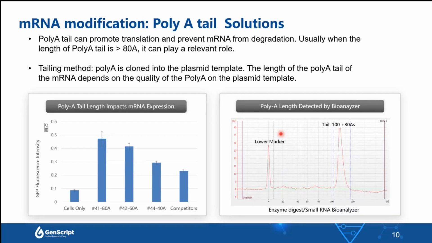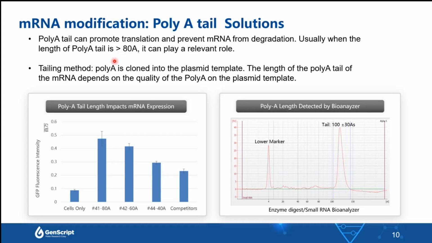And about the poly-A tail part. The length of the poly-A tail is an important evaluation. Poly-A tail can promote translation and prevent mRNA from degradation. And usually the length of the poly-A tail should be more than 80.